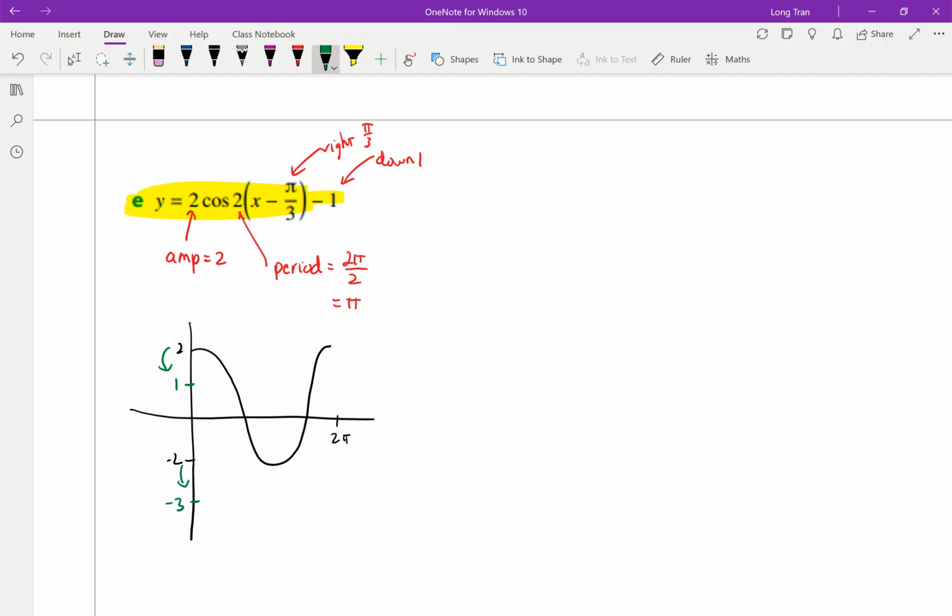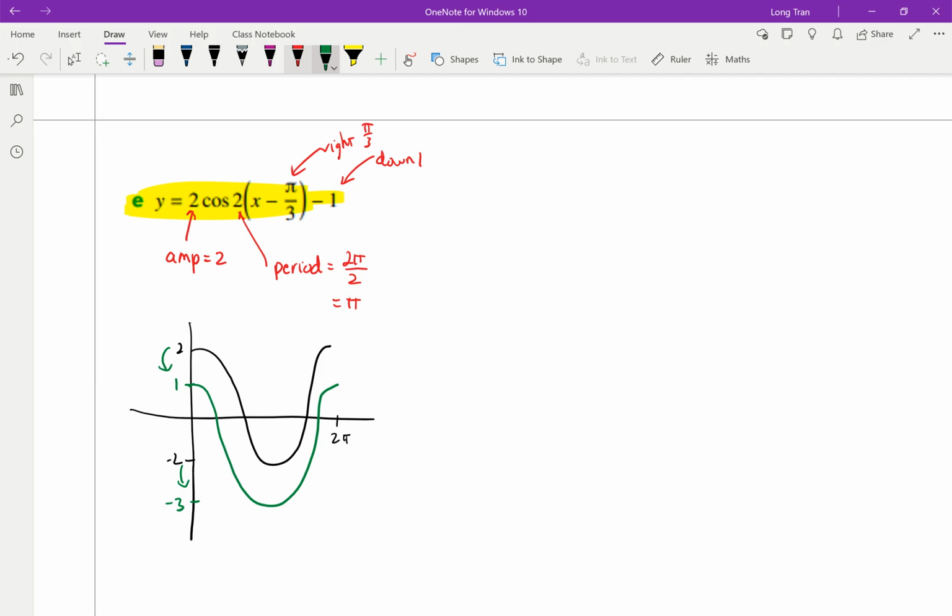So that's my new maximum and minimum. You can think of the graph as something like that, just trying to make it look nice. But anyway, it's gone down by 1 and then it's gone to the right by pi on 3.